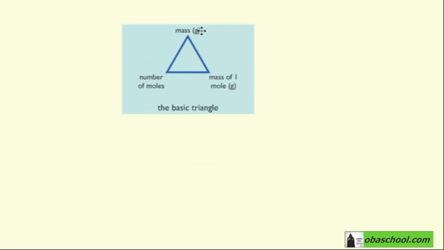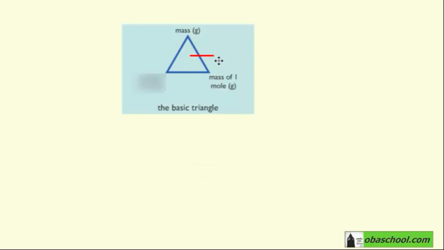As you can see here, we want the number of moles, so we will hide it. Now I'm left with the mass and the mass of 1 mole. Between them, I will put a big dash.